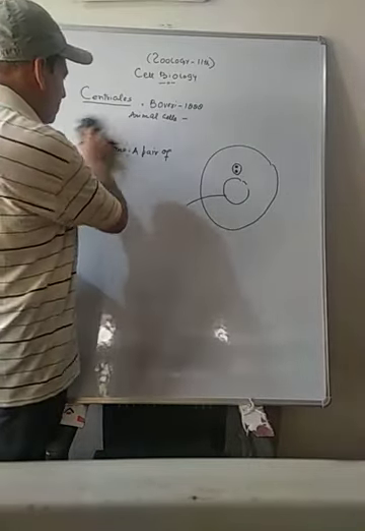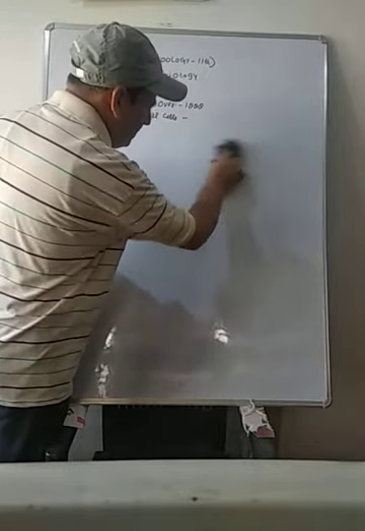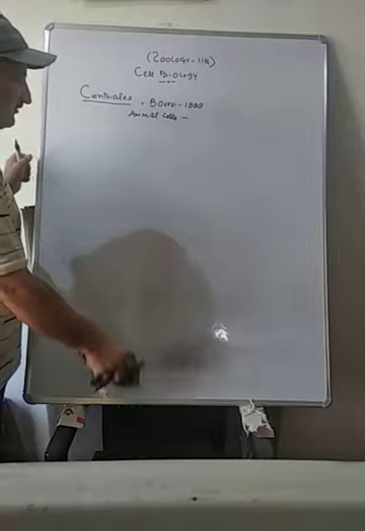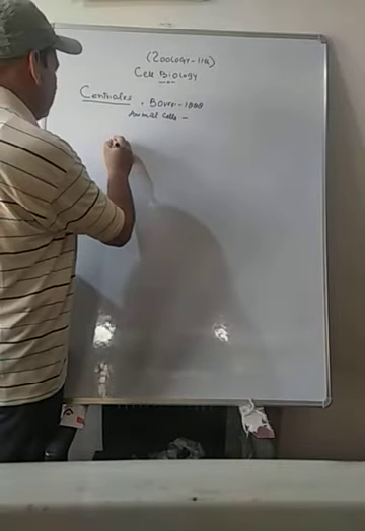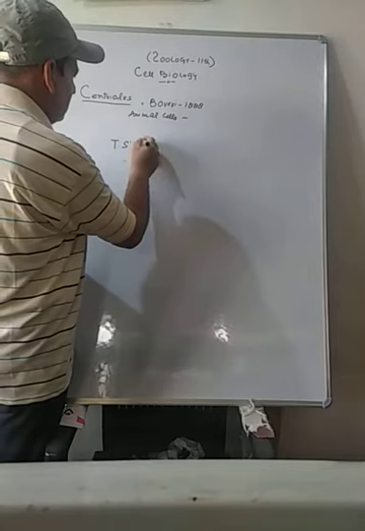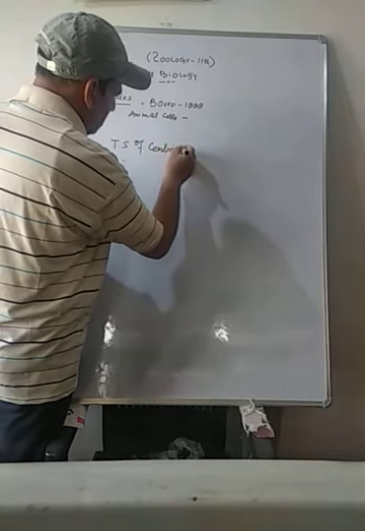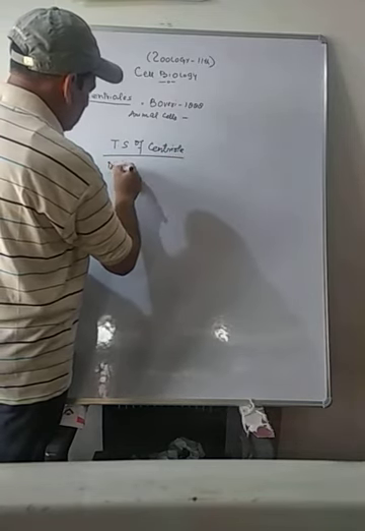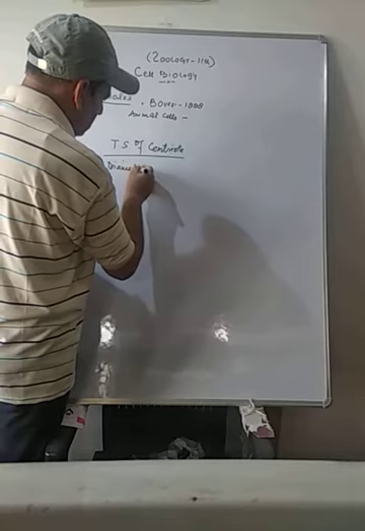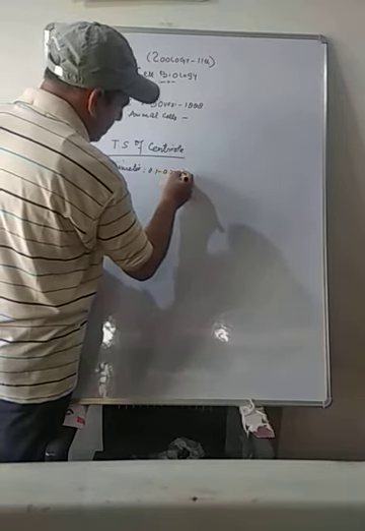Individual centriole. If we take a centriole, we will have to study its transverse section. The diameter of each centriole is 0.1 to 0.2 micrometers.